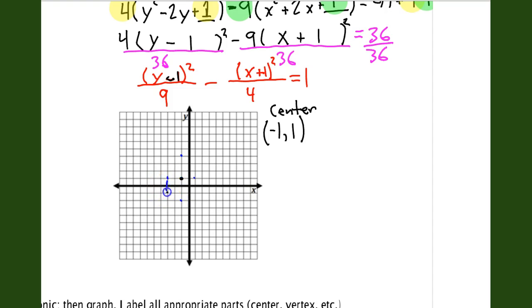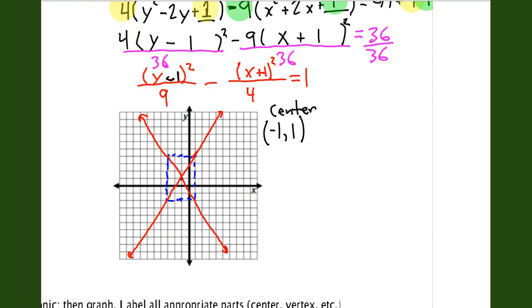All right. Create this box here to give us some guidelines for our diagonals. So we'll be going this way here, and then this way here.